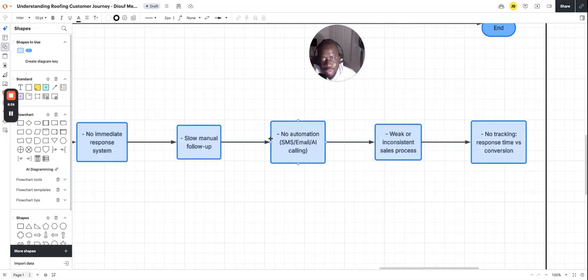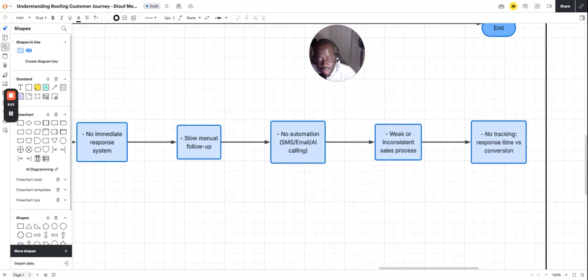You want to be omnipresent in different channels because you don't know which channel the lead prefers. So you may do text follow up, but this given homeowner actually responds to email more than text messages. Maybe they view text messages as spammy, but email they respond to, and then vice versa.